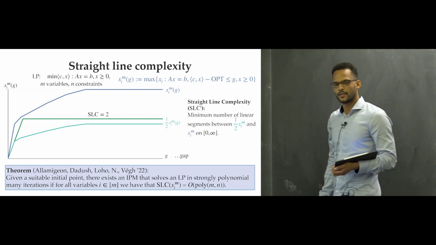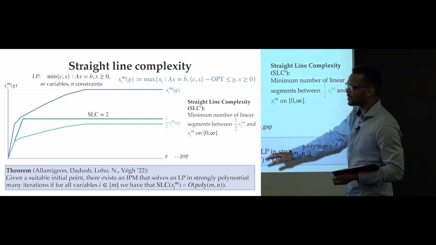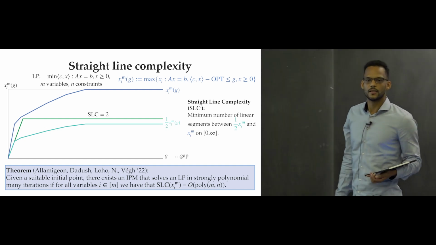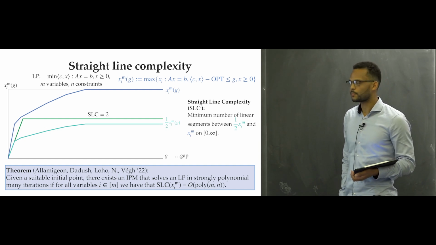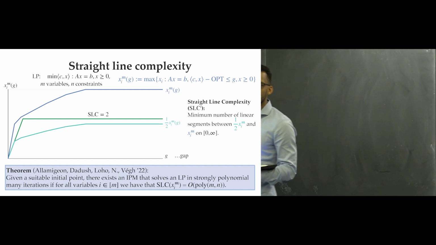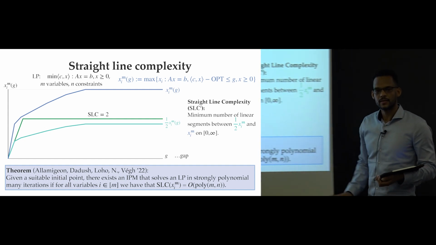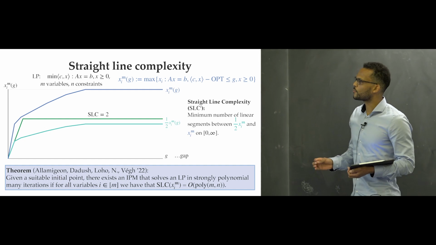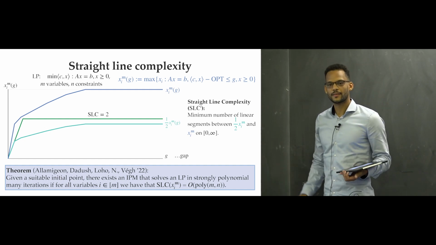So you can scale it an exponential amount and still remain up to polynomial the same number of iterations. Yeah, but this, by the way, is just something in the analysis. The algorithm doesn't have to know about SLC or anything. It's just the central path sort of traces the SLC, and in that sense, it's automatic.